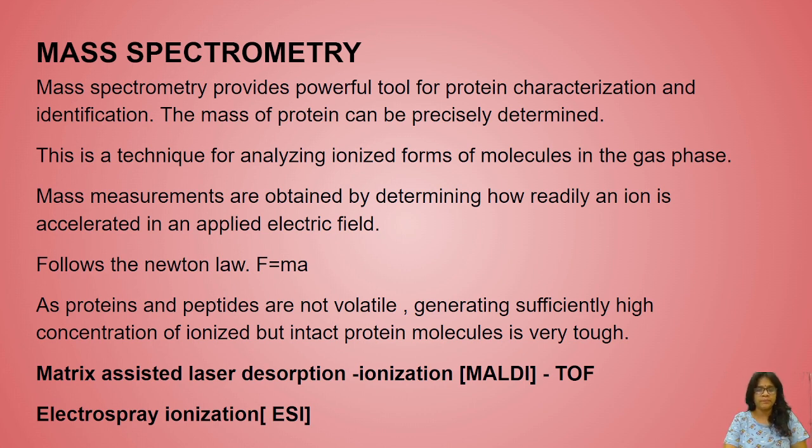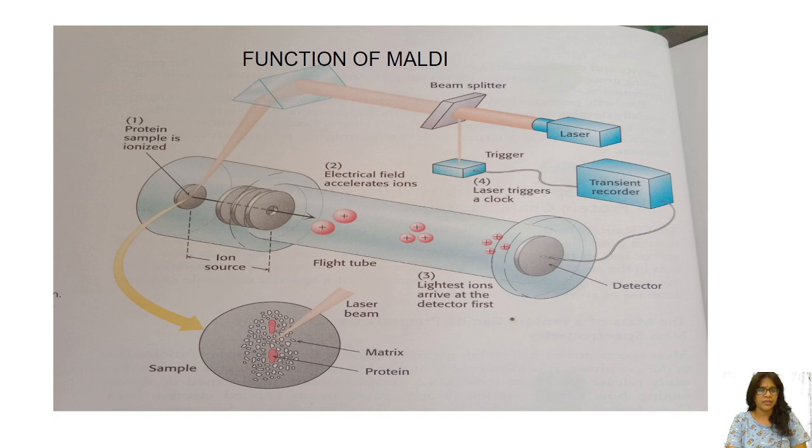So I'll explain with a diagrammatic representation. See, just think, this is your matrix where your compound or the protein of interest is placed. When your sample is placed, this is a tube where the proteins get ionized and have to travel towards the detector. The ionic source you get from the beam. I told you the laser light will have a certain wavelength, where it will give the ions of that particular protein.